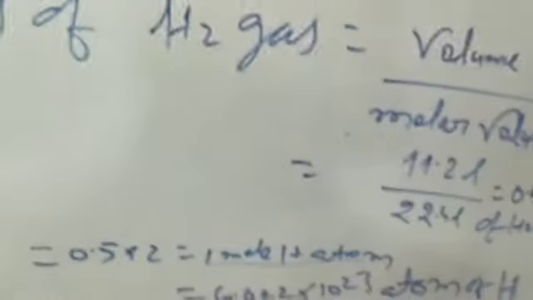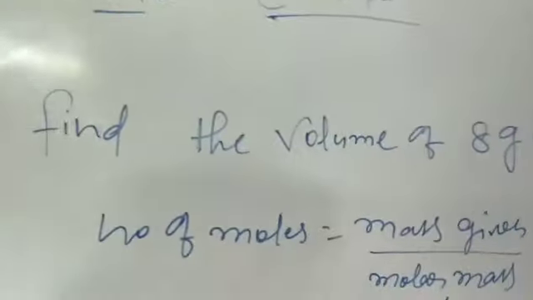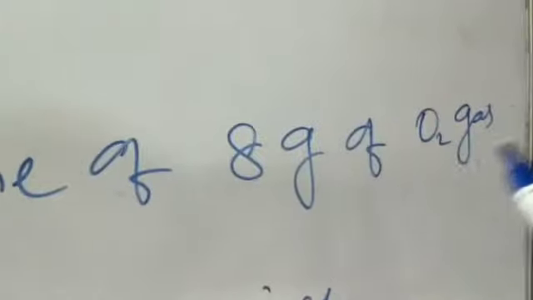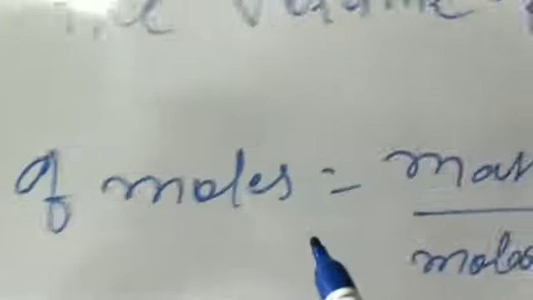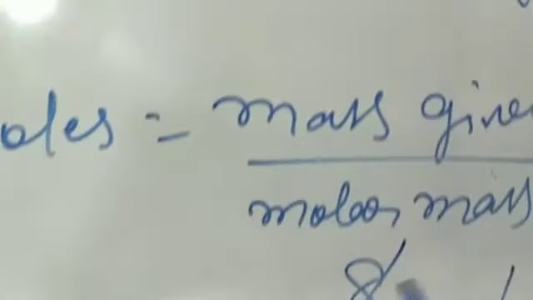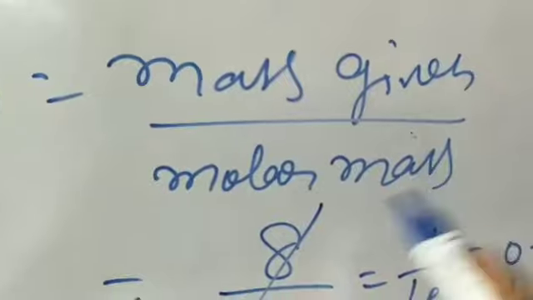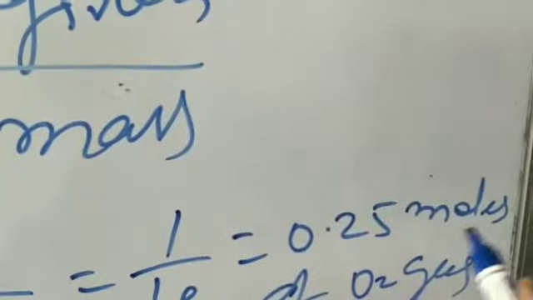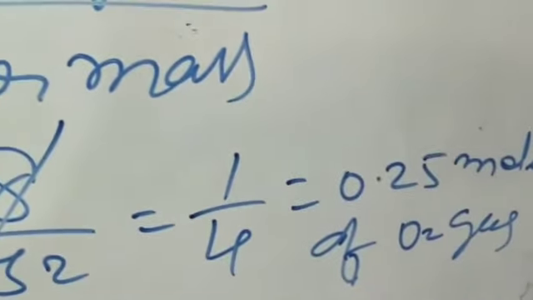Now next question. Now we focus on this question. Find the volume of 8 gram of oxygen gas. Actually number of moles is equal to mass given upon molar mass, and mass given is 8 and molar mass is 32. 8 by 32 is equal to 1 by 4, that is 0.25 moles of oxygen gas.